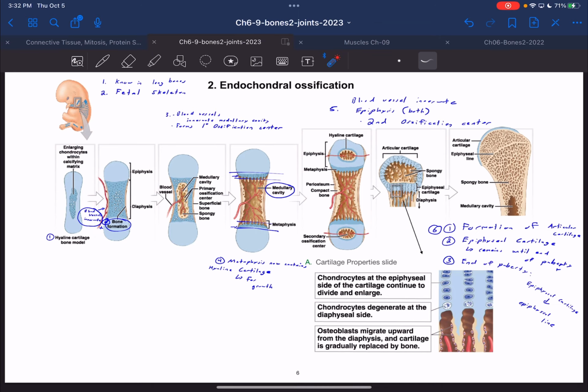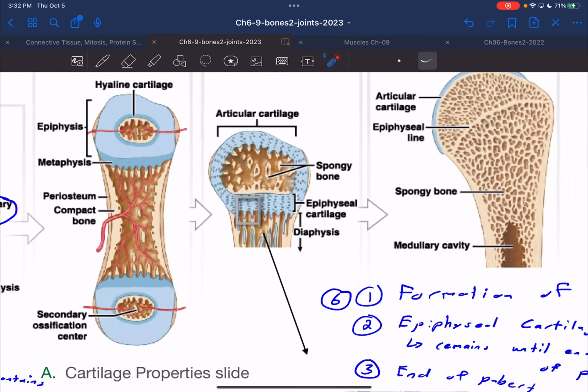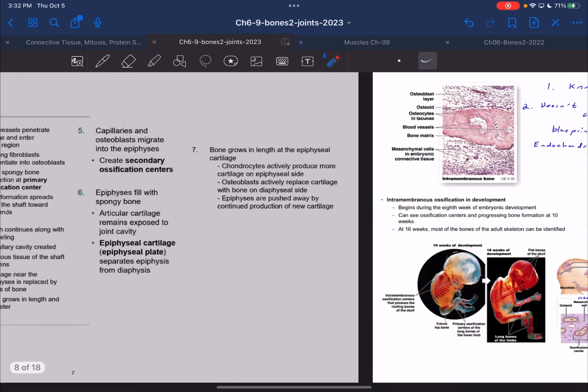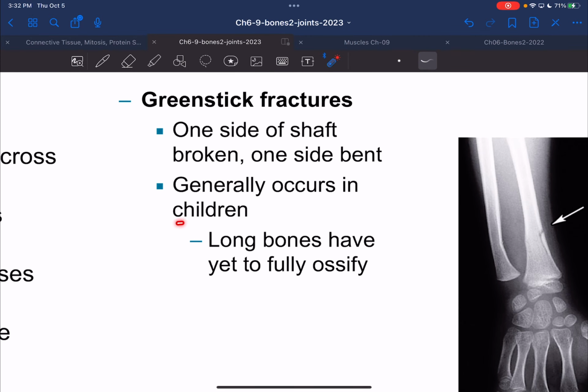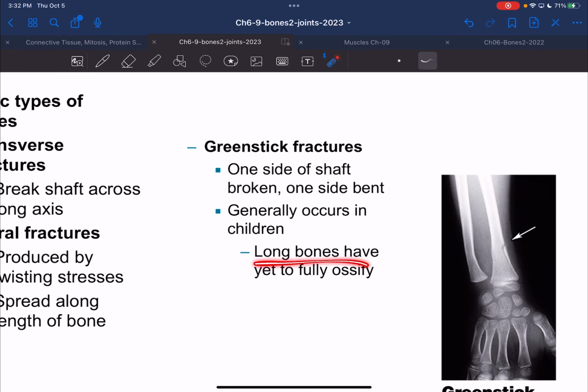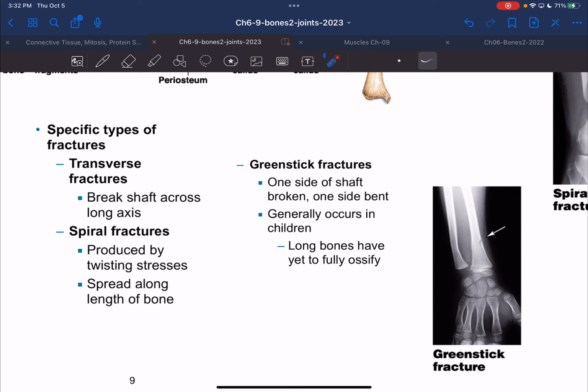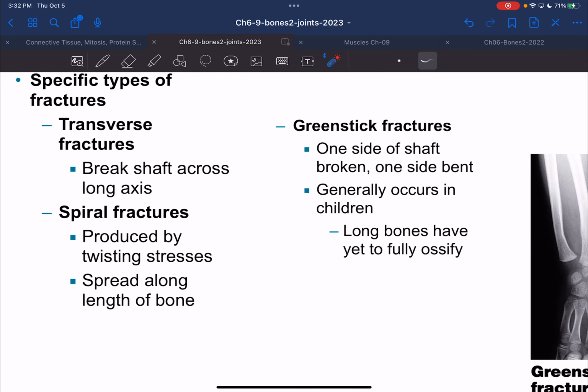And so remember that children's bones have a lot more cartilage than adults do. And so you can see why they might be easier to break. And in general, this will always be a fact for children versus adults, that children do break their bones a little bit easier than adults. And for this very fact, long bones have yet to fully ossify, to fully turn into bone material.